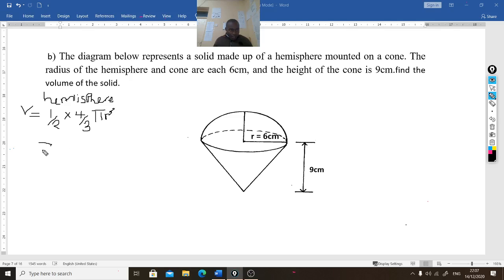which is the same as a half times 4/3 times 22/7 times r, where the radius we are given as 6, cubed, so 6 times 6 times 6.